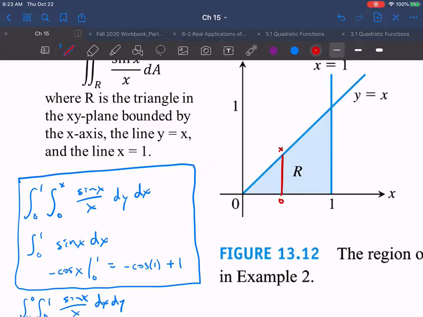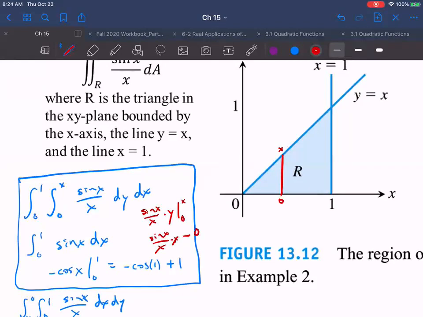And so I integrate that over y. Well, sine x over x is just a constant as far as y is concerned. And so what do you get? You get sine x over x times y, and then we're evaluating from 0 to x for y. If we plug in x, you get sine x over x times x, and the x's cancel, right? And then you have minus, and you plug in 0, it's 0.